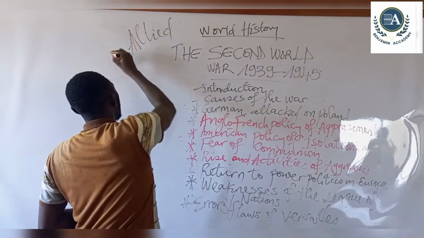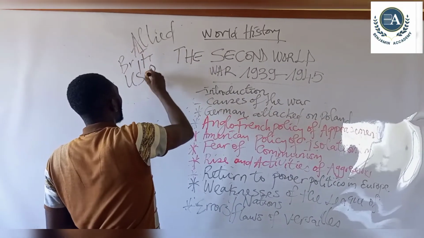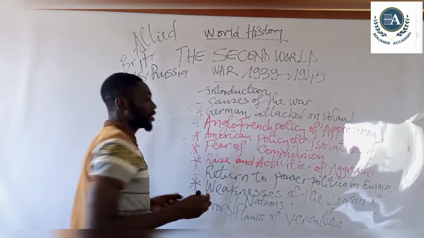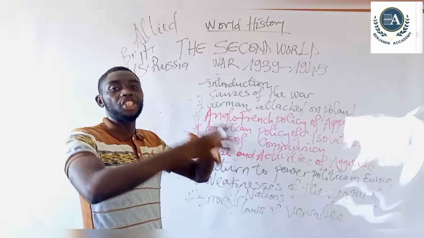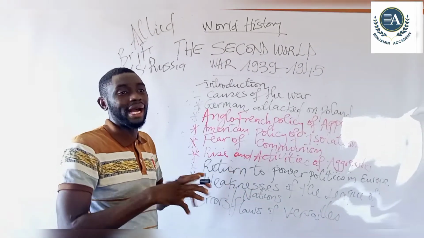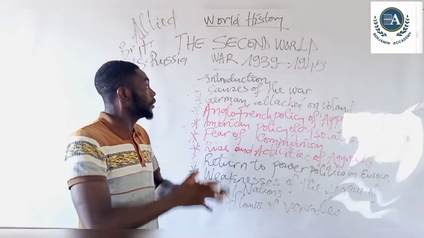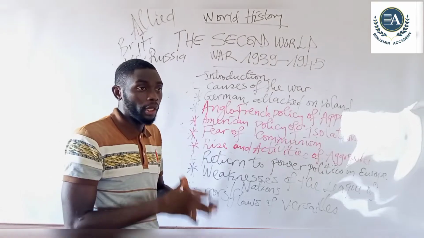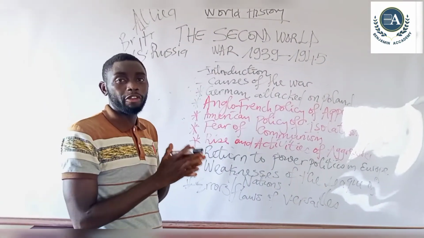The Allies were Britain, France, the USA, and Russia. And then we have the Axis powers: Germany, Italy, and Japan. So these were the two camps that were involved in the Second World War. The war was fought in the Pacific, in Europe, in Asia, in Africa, and different parts of the world.